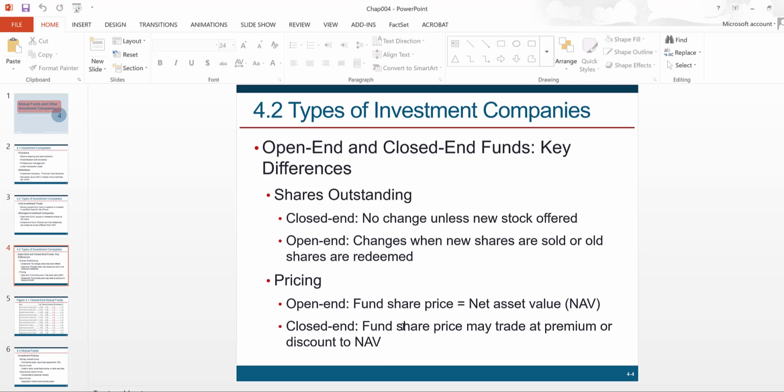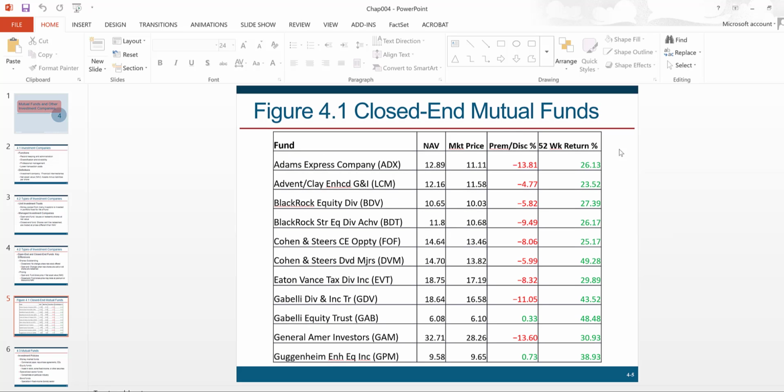I mean, these two numbers, the actual market price for the closed-end fund and the actual value of the portfolio, which is the NAV, should be pretty close to each other. But it turns out that there are oftentimes very big differences between the NAV and market price of a closed-end fund. These are just some examples to illustrate that.